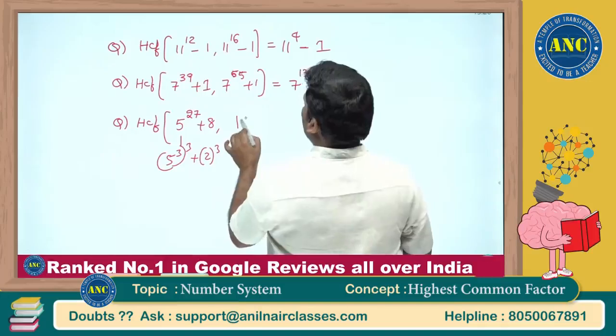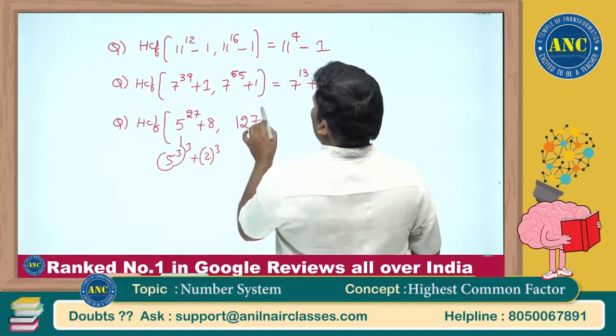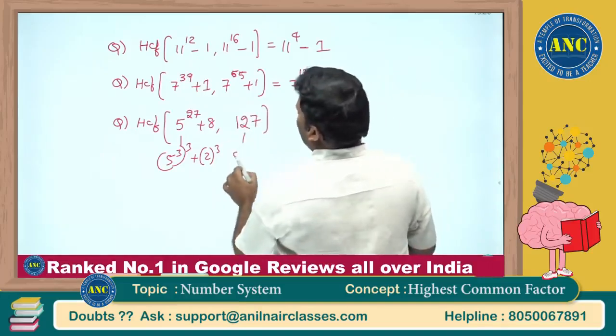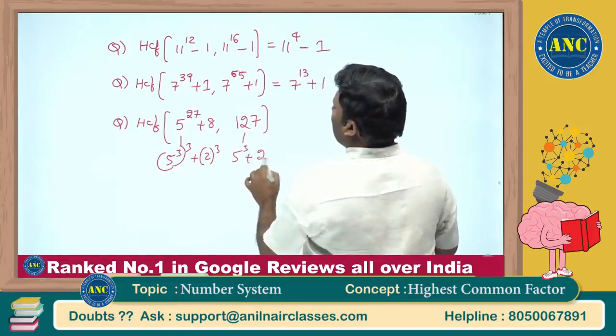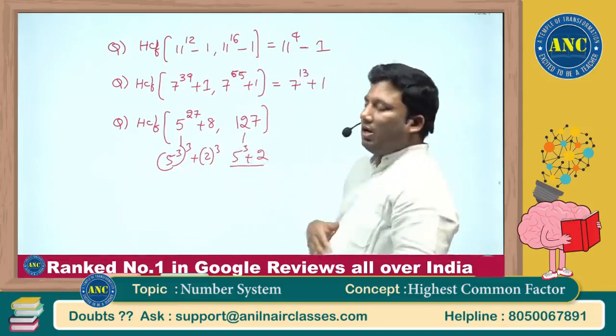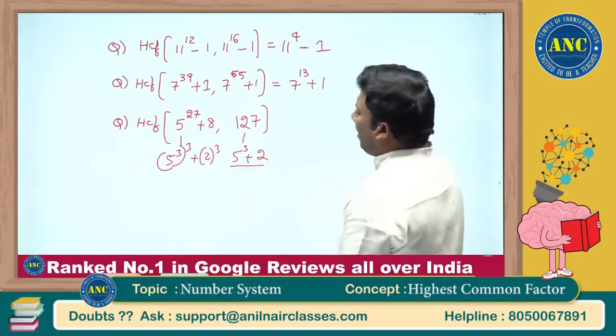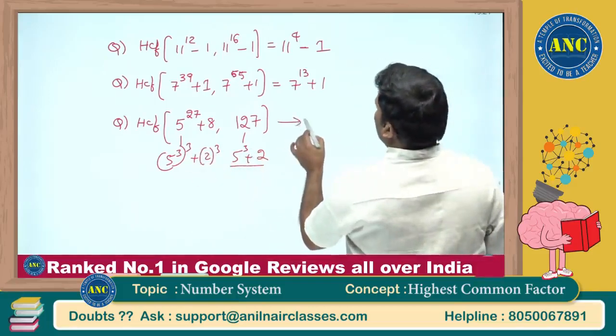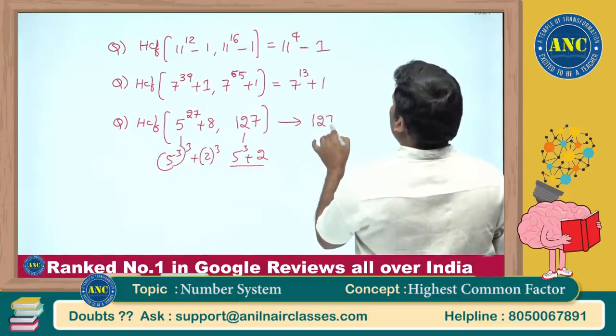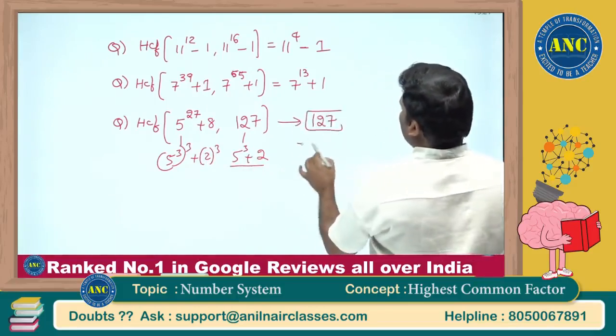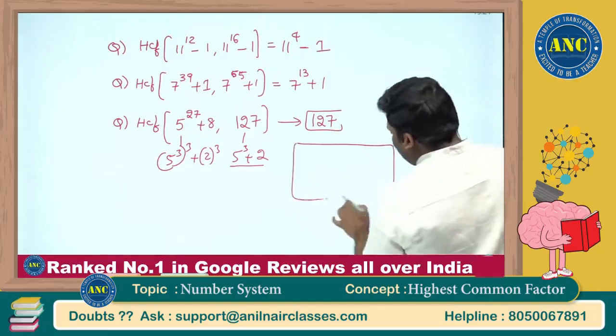This is 127. This can be written as 5 cube plus 2 cube. A power a plus b is always a factor of a power n plus b power n. So answer is a plus b. 125 plus 2, 127.